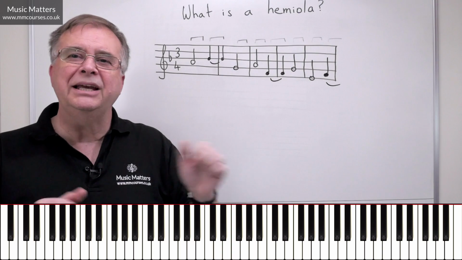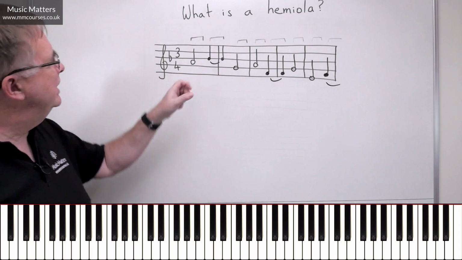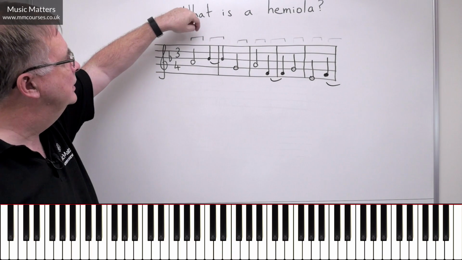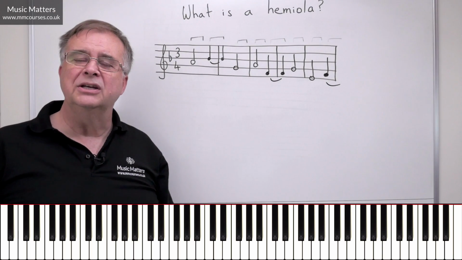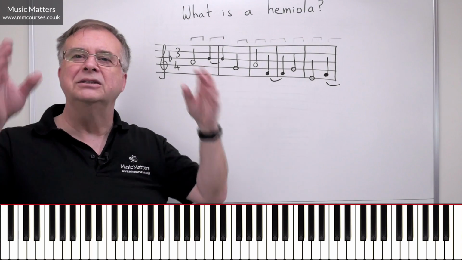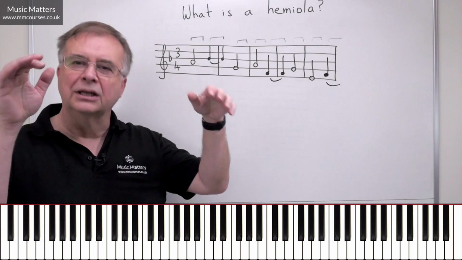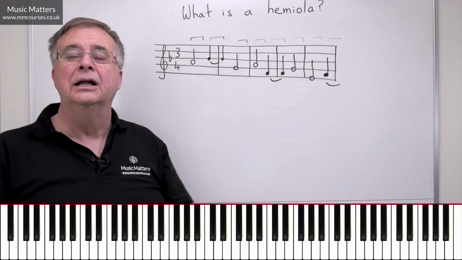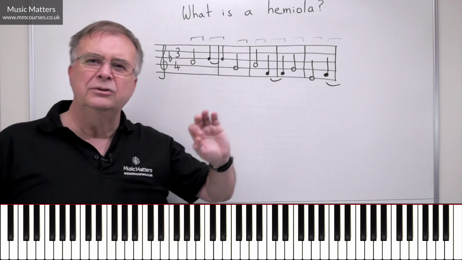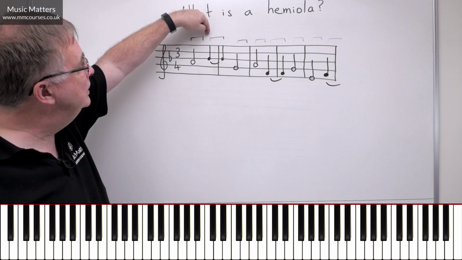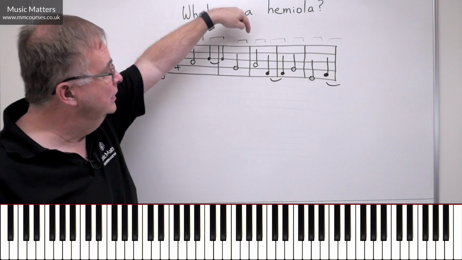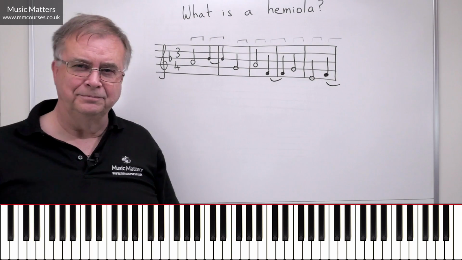It kind of displaces an accent, because here I'm feeling 1, 2, but here I'm feeling 3, 1, which isn't normally what you do, because in 3 time you normally feel the first beat, don't you? 1, 2, 3, 1, 2, 3. But with hemiola, you slightly displace the accentuation. 1, 2, 3, 1, 2, 3, 1, 2, and so on.